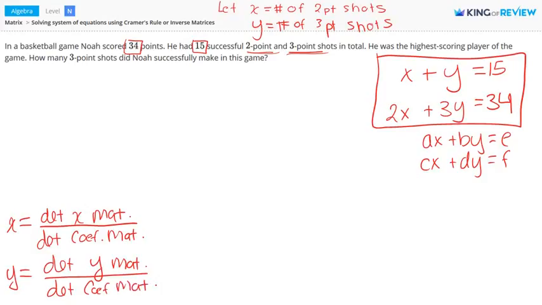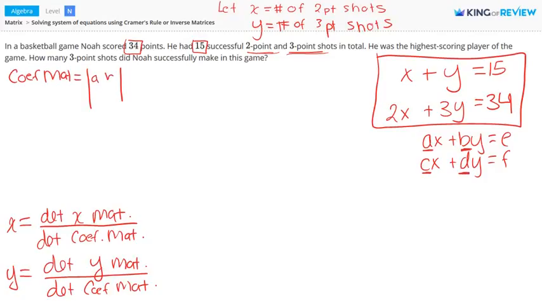So we need to set up our 3 matrices. Let's start with our coefficient matrix. Now the entries in this matrix are going to be the coefficients of the x and y terms.